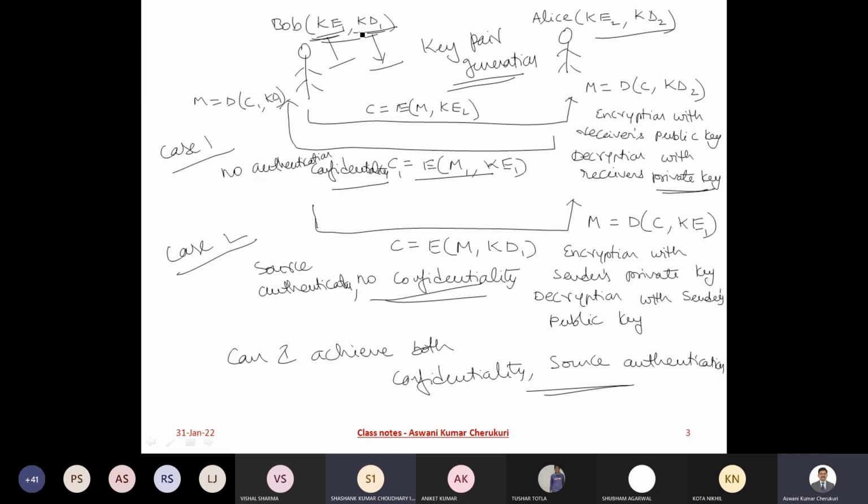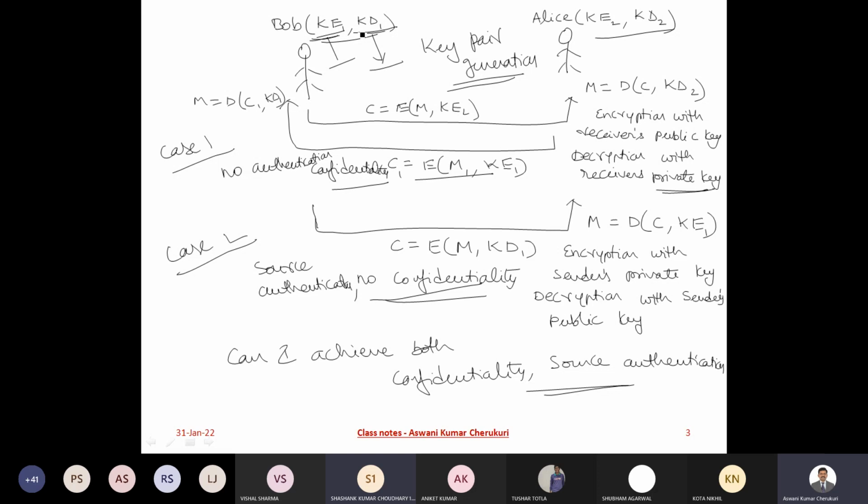I should have a computationally feasible algorithm that generates the key pair depending on my type of application, right? So a computationally feasible algorithm that generates the key pair. That is for the key generation.